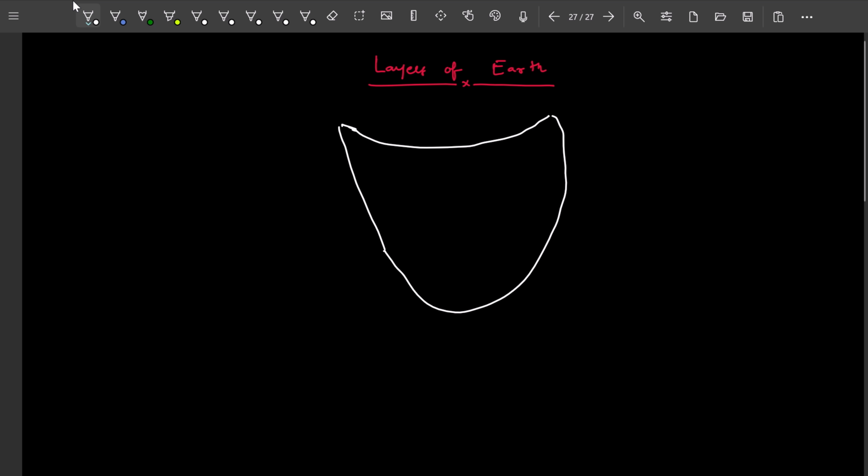This top layer is nothing but the crust. And next, it is divided like this with some dotted lines.